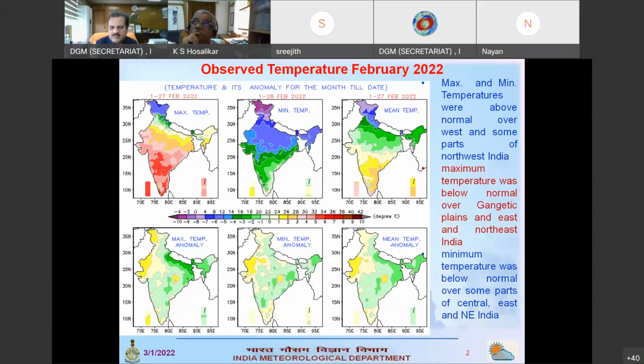If I compare the average of both maximum temperature and minimum temperature, you will find that it has been below normal in northern parts of the country, roughly to the north of 20° north or 22° north, and above normal in the southern parts of the country. Specifically, in the extreme southern parts, especially Kerala and Tamil Nadu, it is above normal, and in west and northwest India, it has been above normal for the month of February.